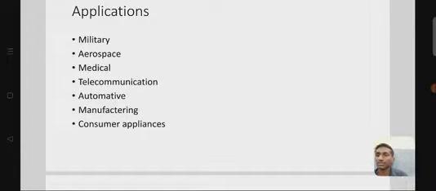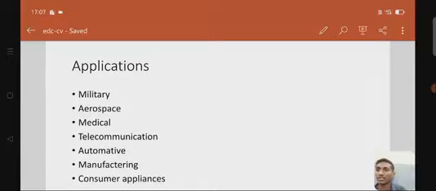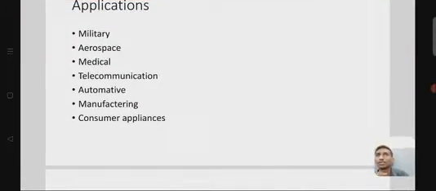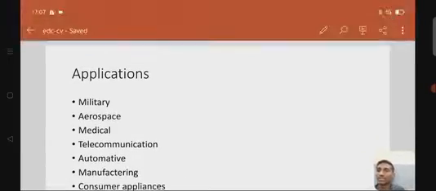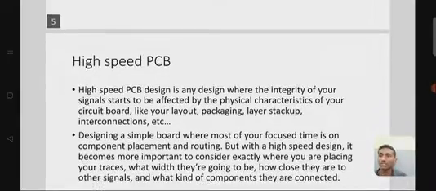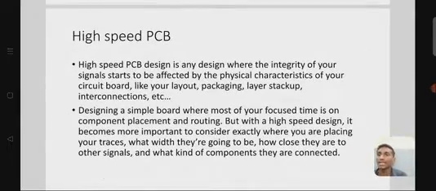These are the domains, and many more, where we use PCBs for our work.